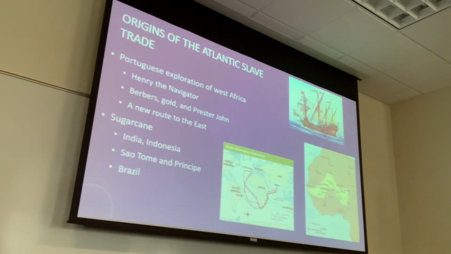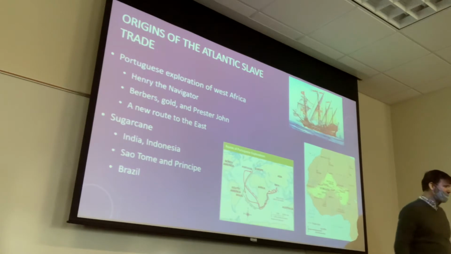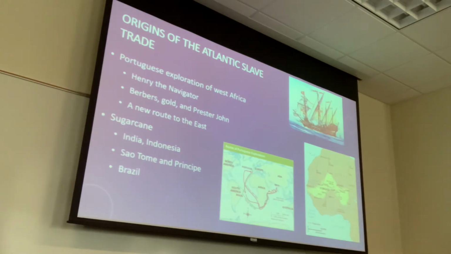Must be down there a civilized white Christian king, and shouldn't we find a way to make contact with him? This also motivates Henry and the Portuguese in their explorations of the coast of sub-Saharan Africa.